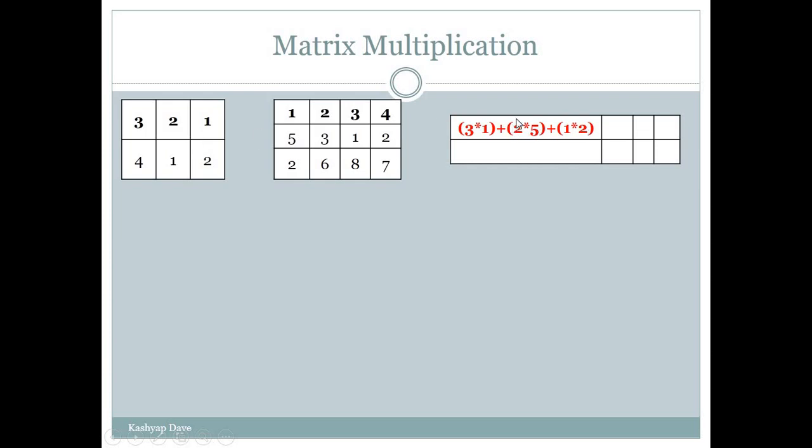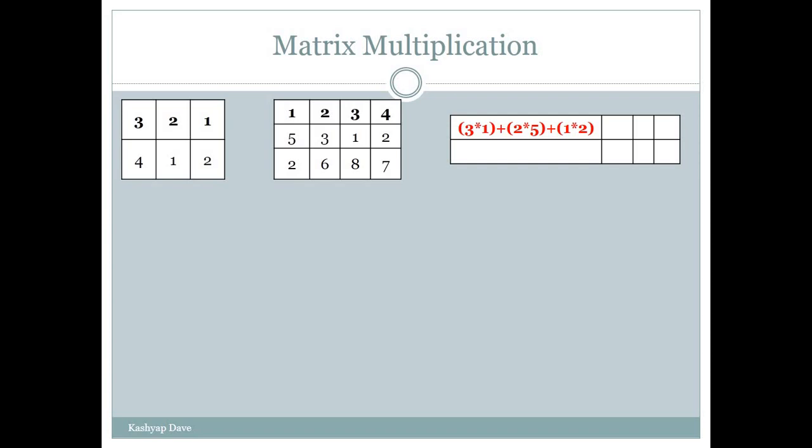So here we get the first element of this matrix. Notice that for this first element we multiply 3 with 1, 2 with 5 and 1 with 2. So for finding one element, 3 multiplications are needed.